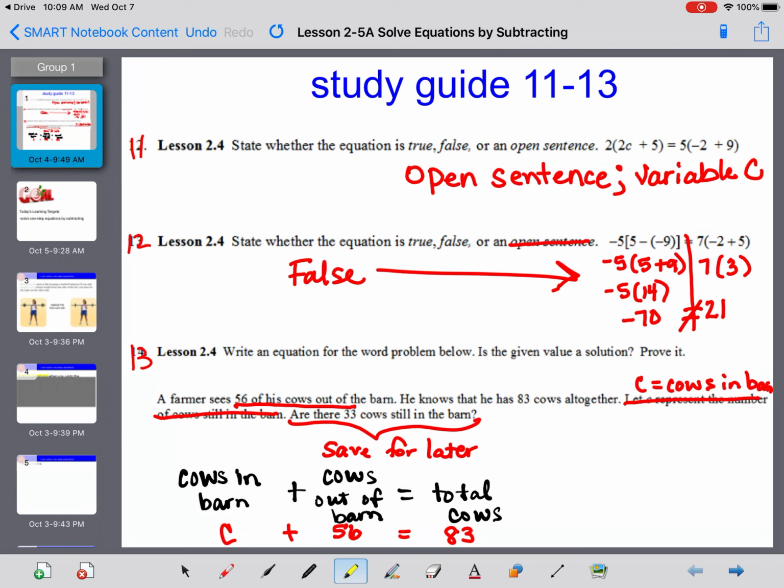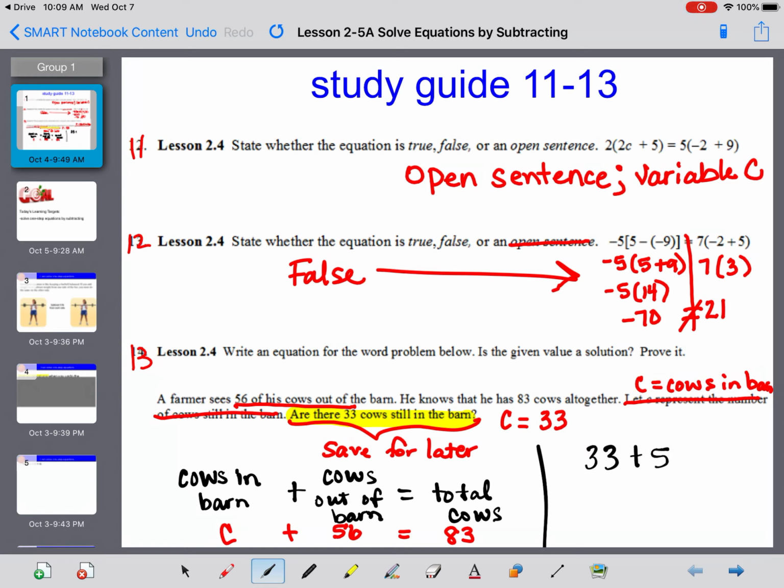Now I'm going to go to the part that we saved for later. Are there 33 cows still in the barn? That means that my C value is 33. Can my C value equal 33? So we're going to check that by putting 33 in for C.